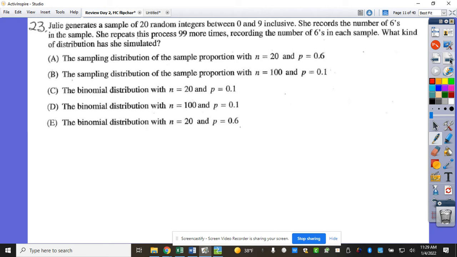So Julie generates a sample of 20 random integers between 0 and 9. So how many options are there? Between 0 and 9 inclusive, that's how many options? 10. She records the number of 6s.